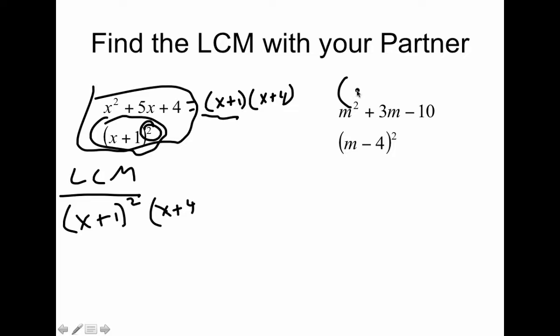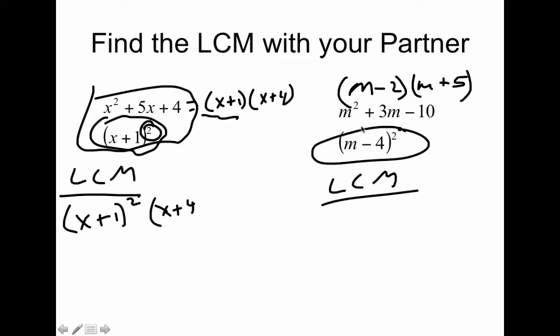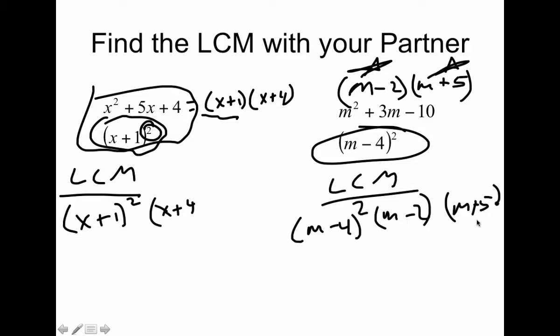Again, factor up here: m minus 2 and m plus 5. So I need this, I need this, I need everything. So this is like 3 times 7. Again, I need m minus 4 squared, m minus 2, m plus 5. There's nothing more we can do there. You need one of everything. If they have it in common, you need the higher exponent.